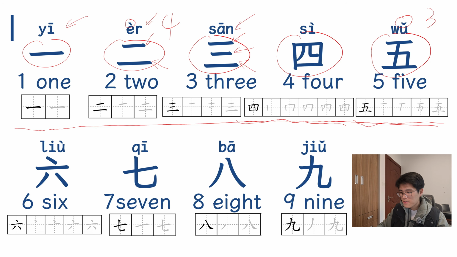And this word, 三. This word, 四. And then, 五.